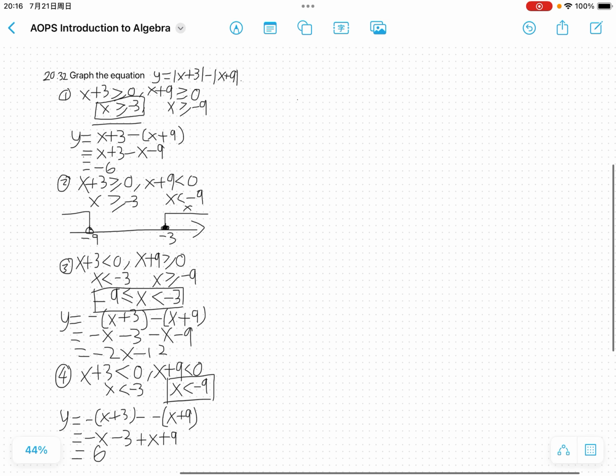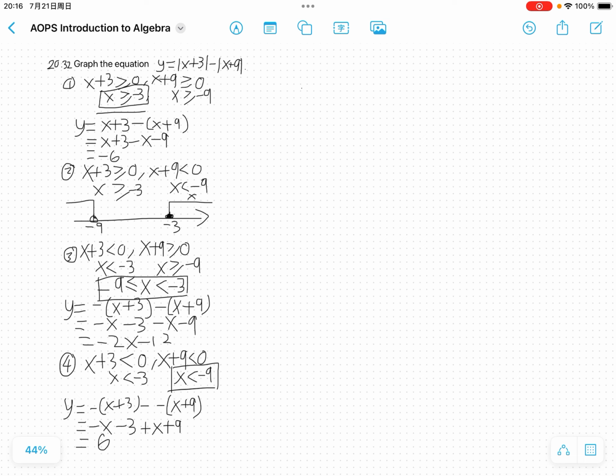Let's just check through our working first. You can also read through this part and see if there are any errors. I don't think there are any errors, so we can graph the equation now. We draw the coordinate plane, and we start with x less than negative 9.